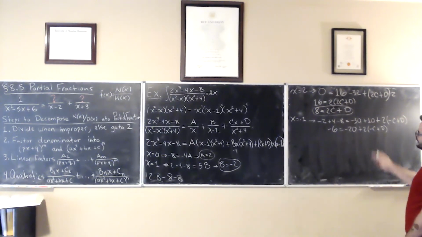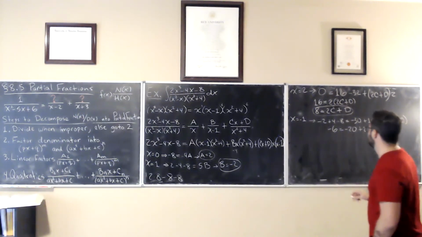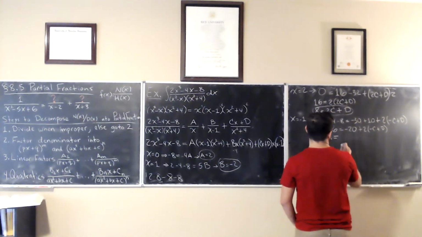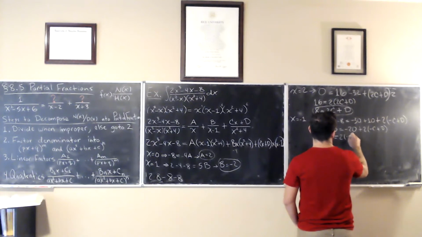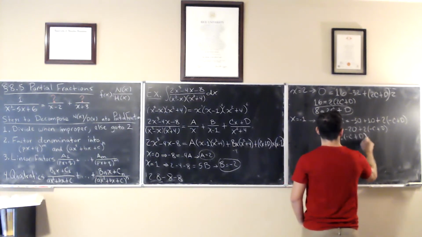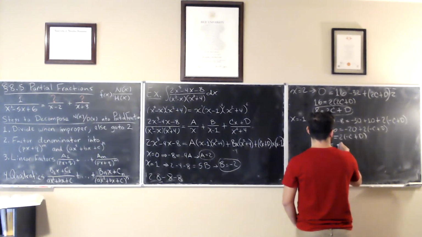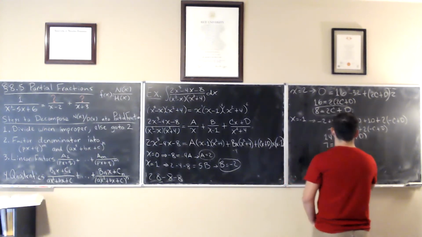And then if I add 20 to both sides, I get 14 is equal to 2 times -c plus d, which means that 7 is equal to minus c plus d.